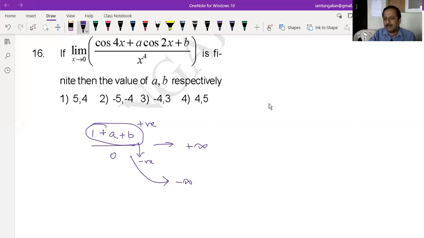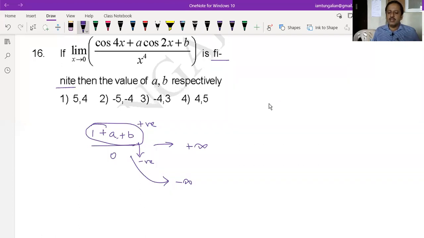When I apply the limit as x tends to 0, I get 1 plus a plus b divided by 0. If the numerator is positive, it tends to plus infinity, and if it is negative, it tends to minus infinity. But look at what they have given: they have mentioned that it is finite.